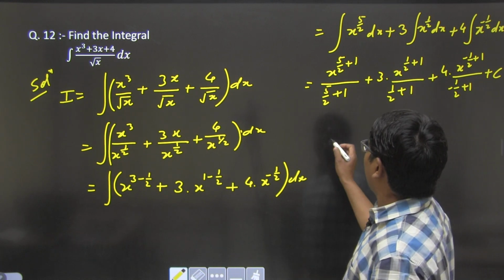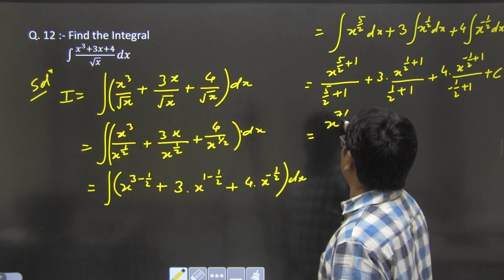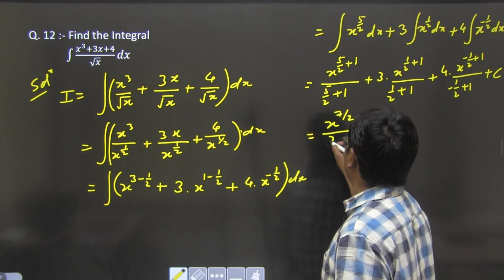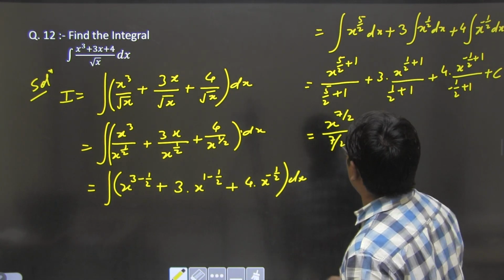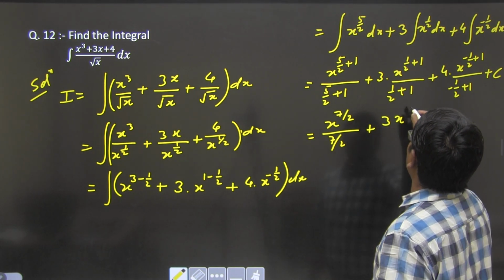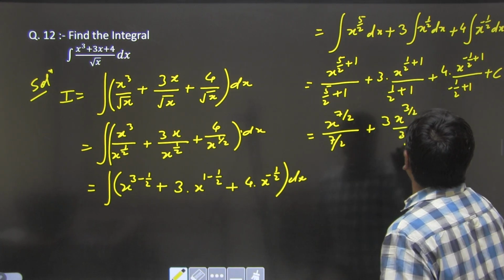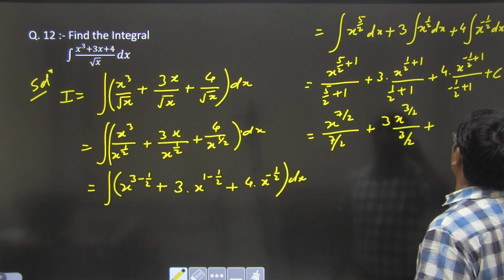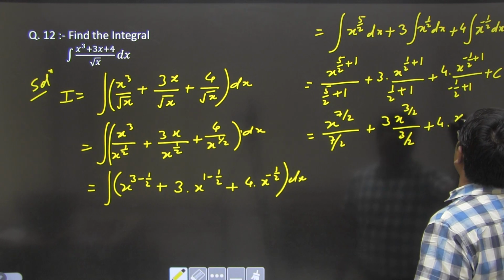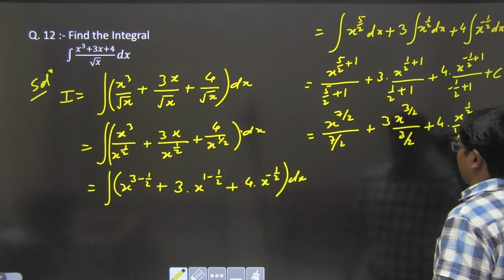So, finally, we will get x to the power 7 by 2 upon 7 by 2, here we will get 3 x to the power 3 by 2 upon 3 by 2 plus 4 x to the power 1 by 2 upon 1 by 2 plus c.